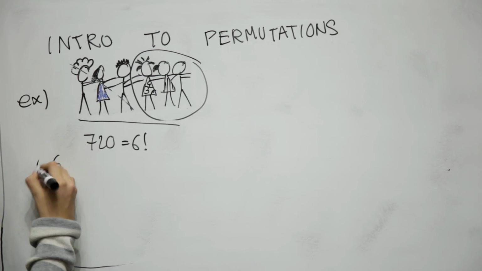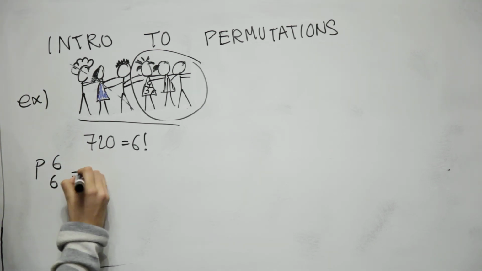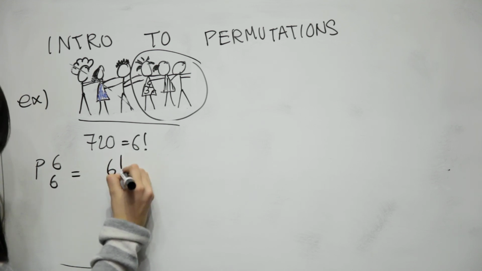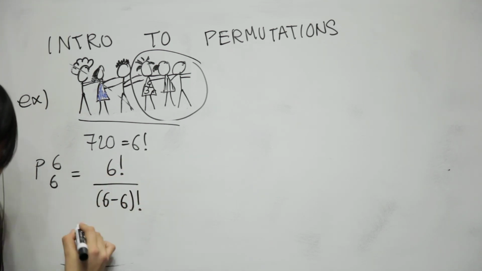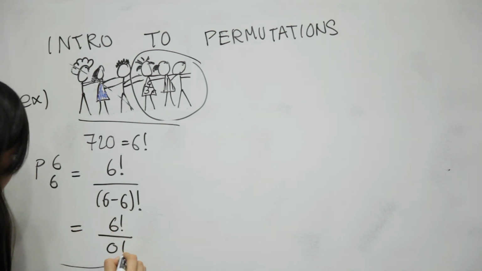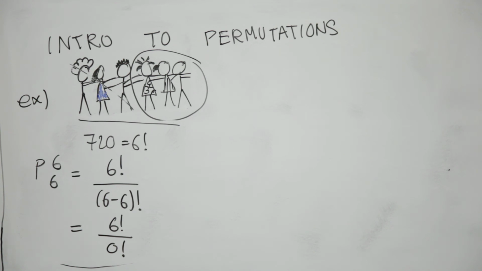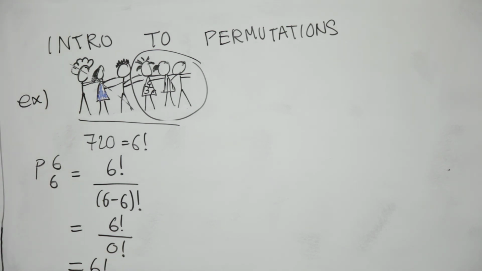And that is 6P6. Following the formula, that's 6 factorial over 6 minus 6 factorial, which is equal to 6 factorial over 0 factorial. And by definition, 0 factorial is equal to 1. Yes, that is just something you'll have to memorize, and that is equal to 6 factorial. So we're done.